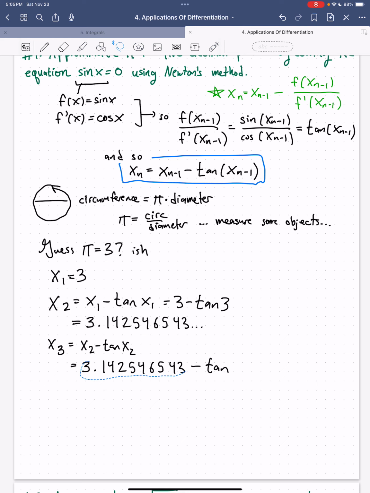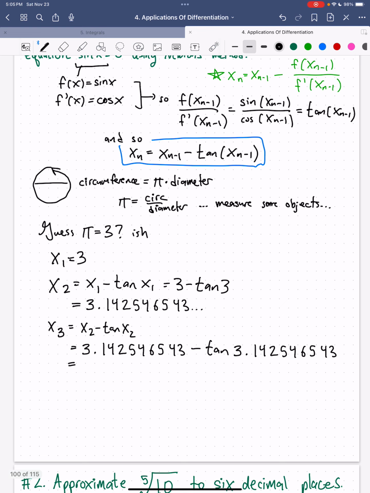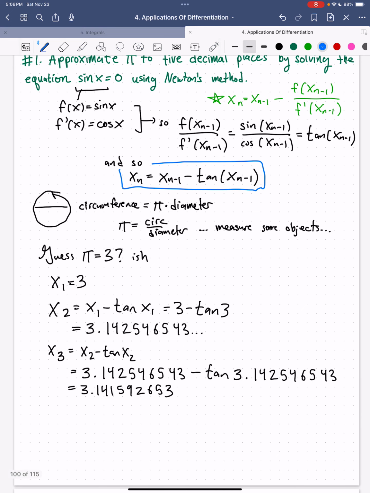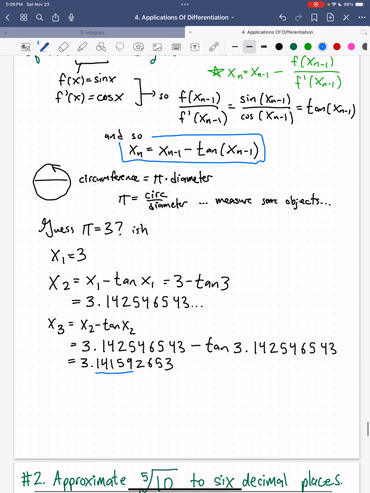Let's duplicate this again. And if we see what that number is, that should give us 3.14159. Oh, this is looking kind of familiar to what pi actually is, right? And if we look at the first, it was 5 decimal places. Let's see what we have. Okay, so these agree to the first 2 decimal places. So that's not good enough.